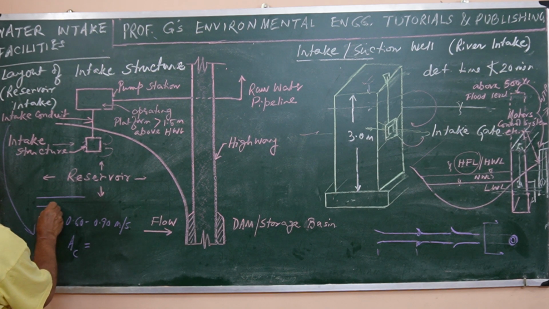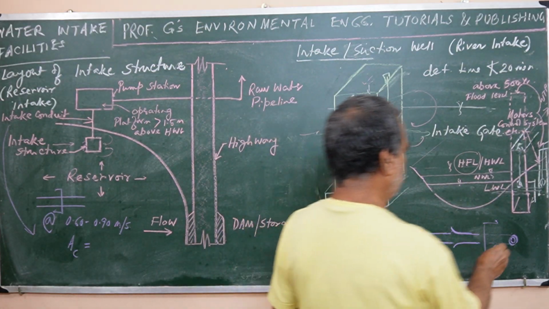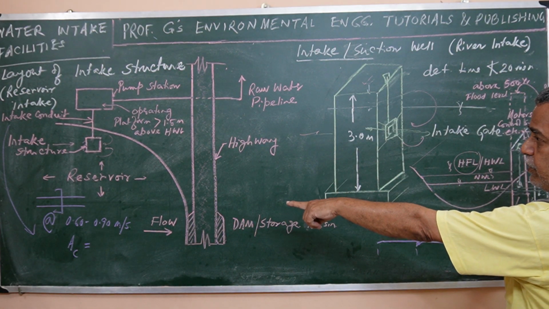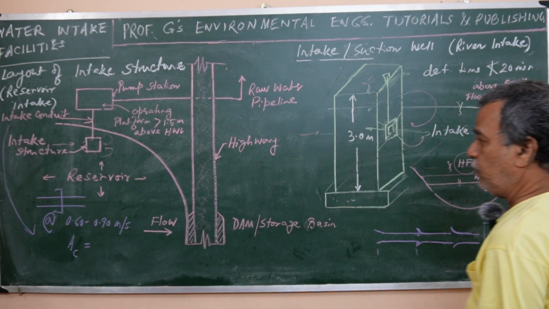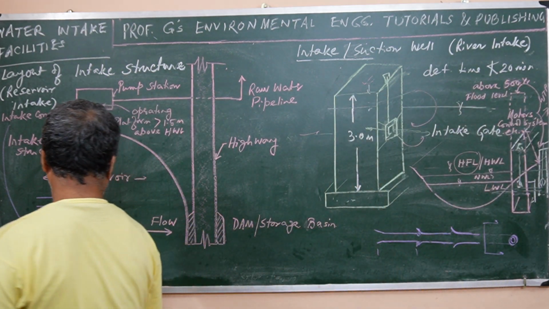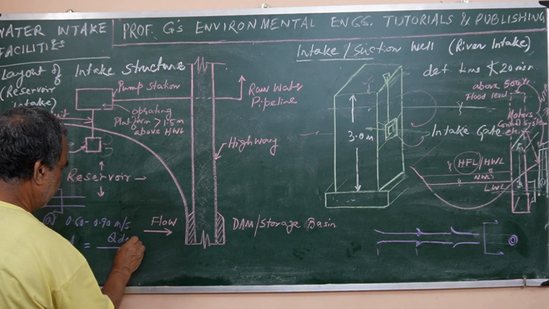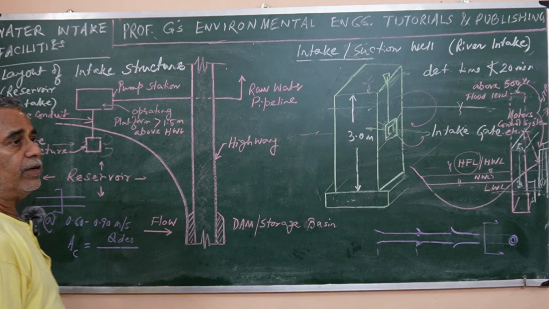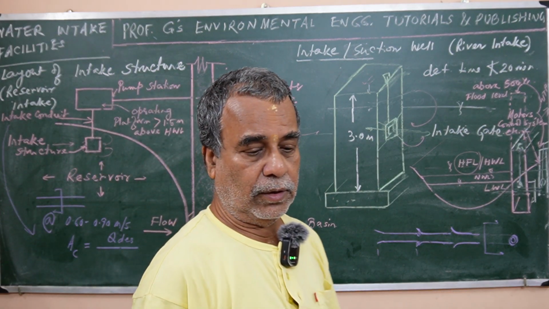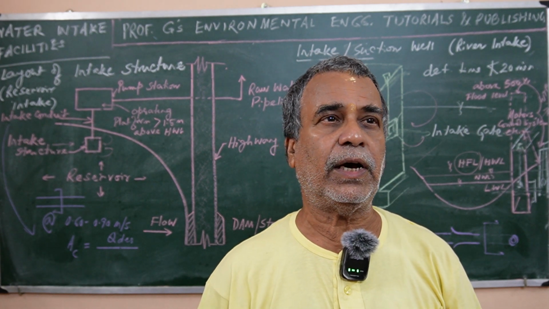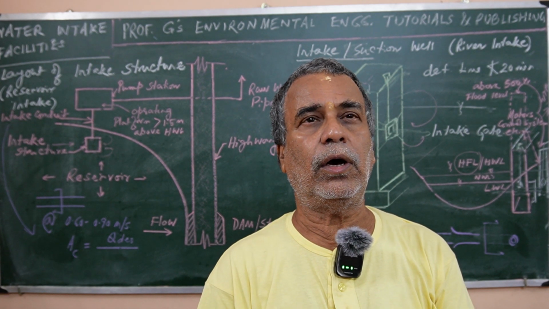I am showing it once again this way. Through that the velocity should be maintained at 0.6 to 0.9. So you divide the Q design, the design discharge, by it. In this context, let me tell you about the design flow.